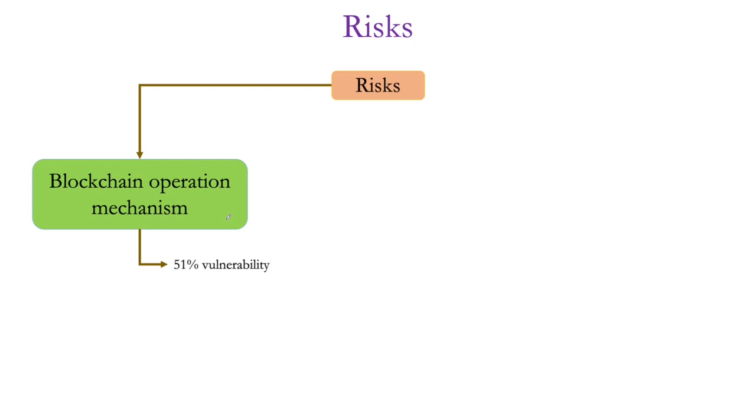But if the leader becomes an attacker, through malpractice, then all the transactions are controlled by the leader or miner, who can do all kinds of operations. That is the 51% vulnerability, which we will see in detail. It is caused by the consensus mechanism.